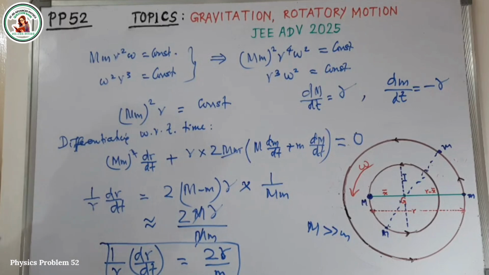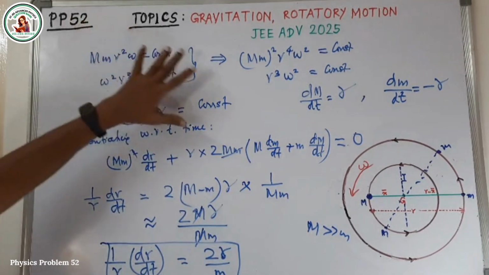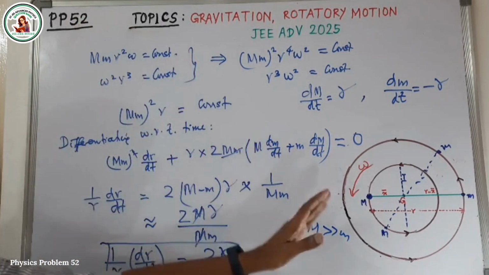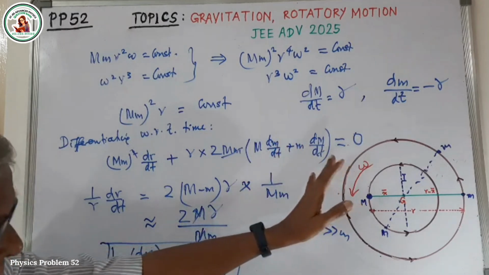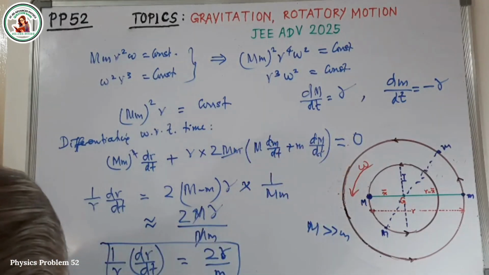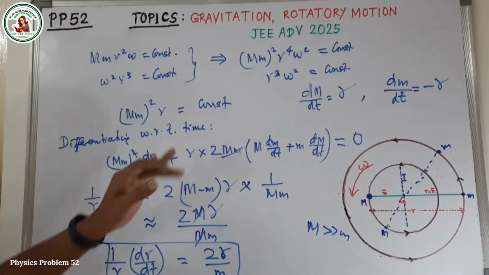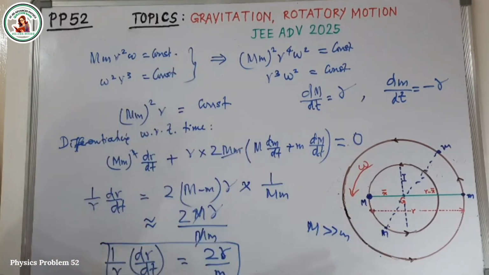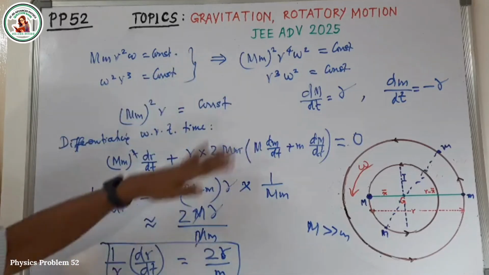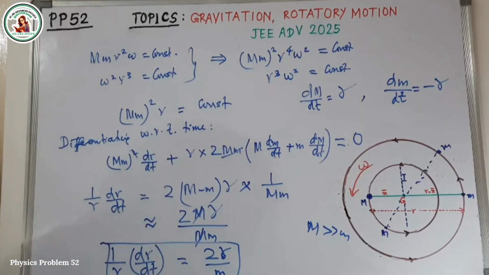I think this is the working part: the two formulas that we derived and stated are our basis of calculation. These are the steps. So I think you understood the concept. Thank you.